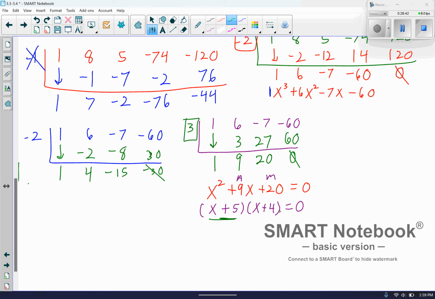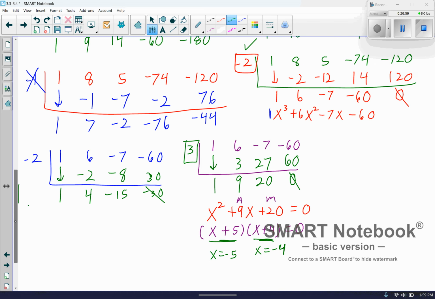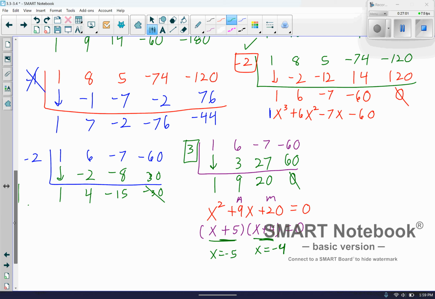So there are my other 2 factors, so I can get my other 2 solutions. So this one would be at negative 5, and this other one would be at negative 4. Okay, so what does that mean? Well, I found all of them. I found all 4 of my solutions.